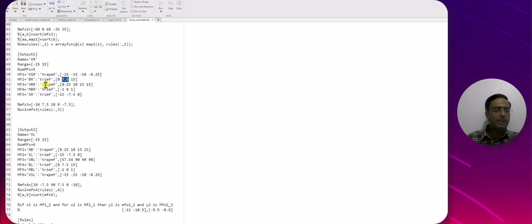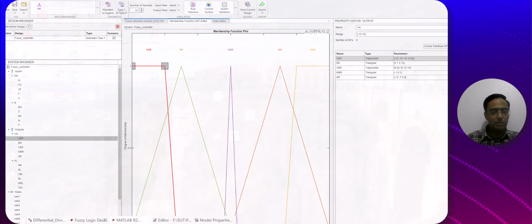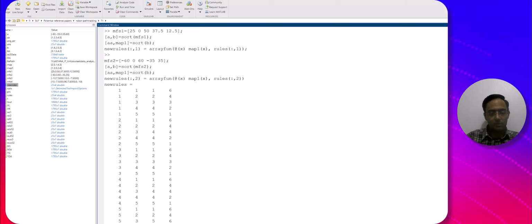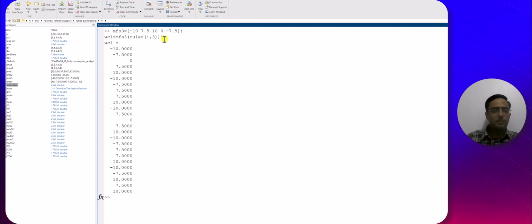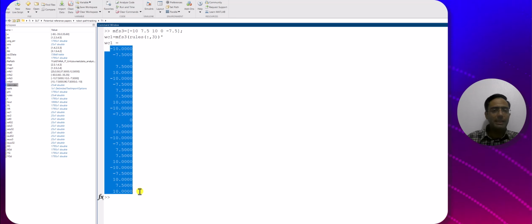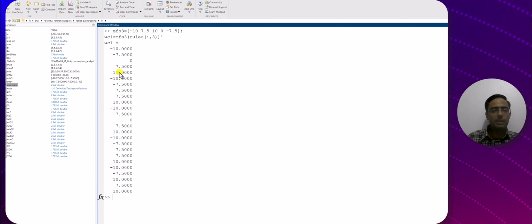For the third membership function, the center is 10, and for the next one it is 0, and for the last one it is -7.5. So by the information of the rules, we have this vector. So this vector shows the centers of triangular membership functions for the type 1 fuzzy controller.